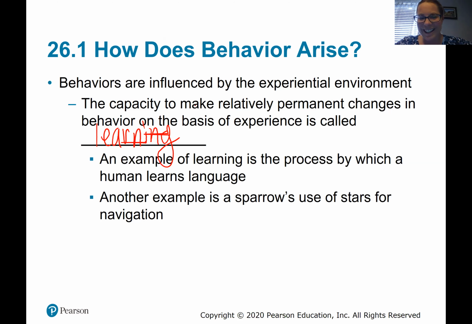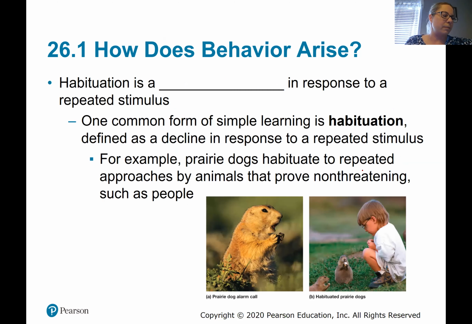Hopefully you've learned something in the last 2 semesters, and I know you have. Examples would be learning language, learning biology, or sparrows using stars for navigation, which is another example the book uses.